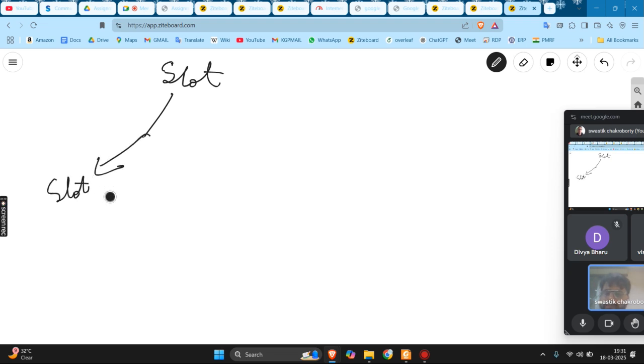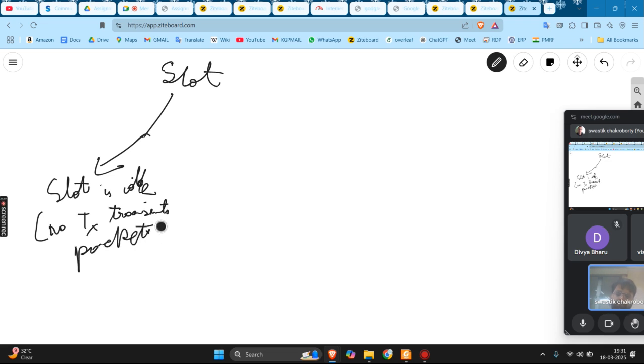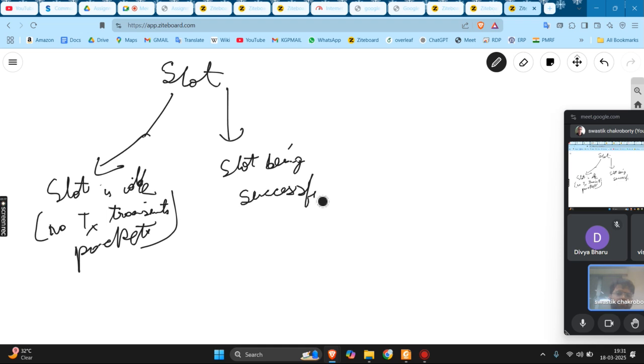This happens when no station sends a packet, no transmitter transmits packets. Next is the slot being successful. And when will this happen? This will happen when only one and only one transmitter sends its packet. One transmitter transmits a packet.